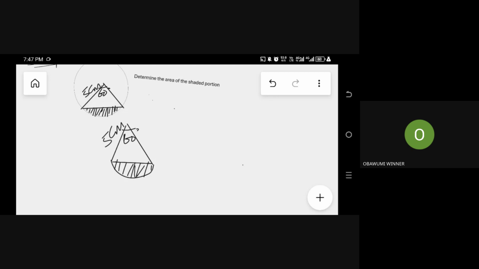Who can look at this intuitively and tell us the two different shapes that form this minor sector? What and what?